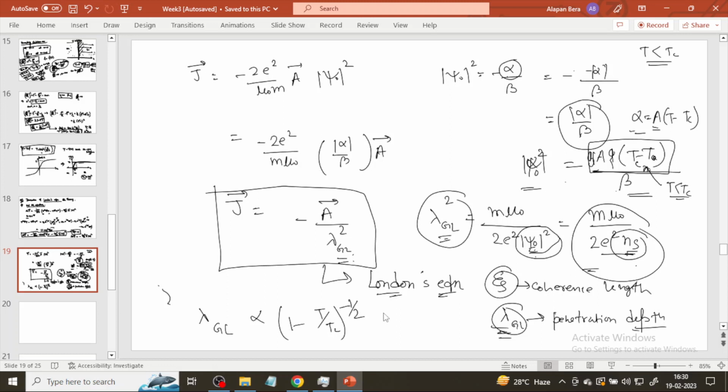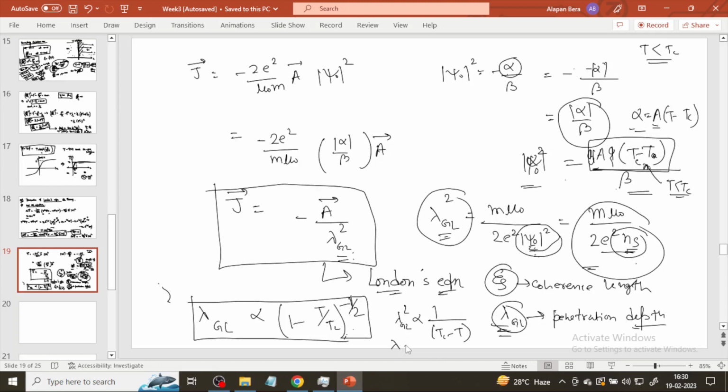So this is how the penetration depth inside a superconductor varies with temperature. Okay? So you just put this term exactly here. This gives that lambda is proportional to 1 by Tc minus T, and when you take the root, it gives 1 by root over Tc minus T, which is Tc minus T to the power minus half.